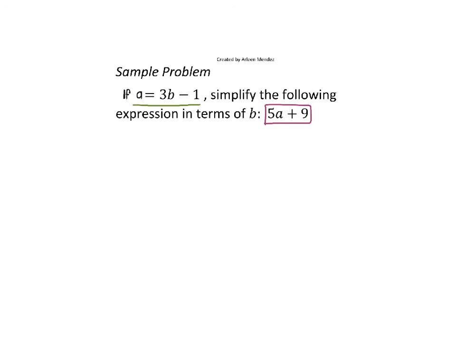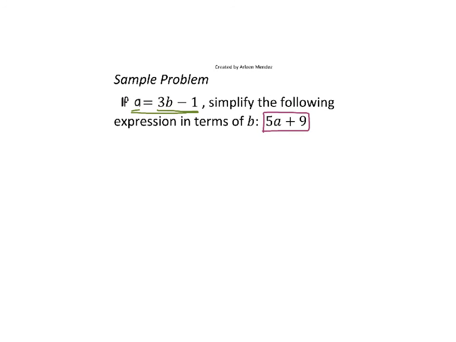So it says if a equals 3b minus 1, simplify the following expression in terms of b, 5a plus 9. Well, if a equals 3b minus 1, what that means is that anytime you see an a, you could replace it with this, because no matter how different they look, they're equal to each other. So wherever we see an a, we're going to substitute a with 3b minus 1.